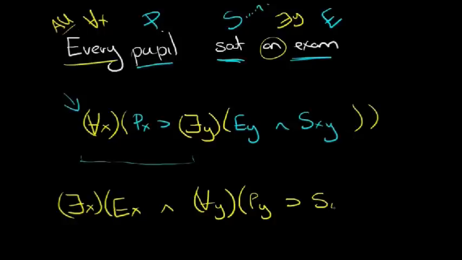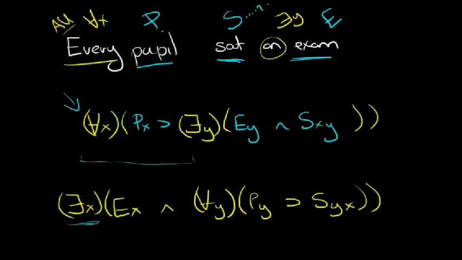It's got to be the other way around, hasn't it? y sat x. So there we've got the quantifiers the other way round. Our existential quantifier takes wide scope over the universal quantifier. And so these two different configurations show the scope ambiguity.